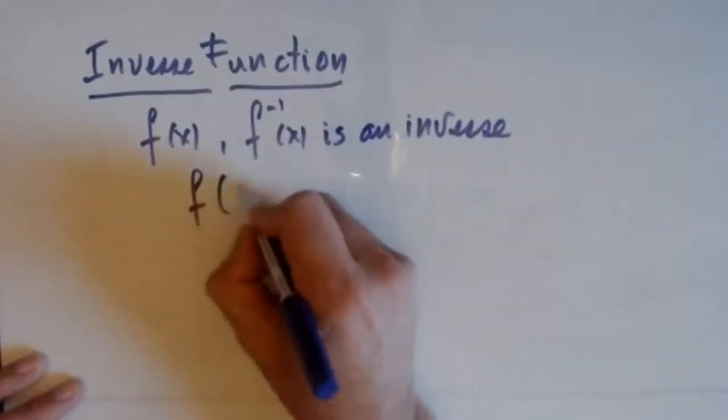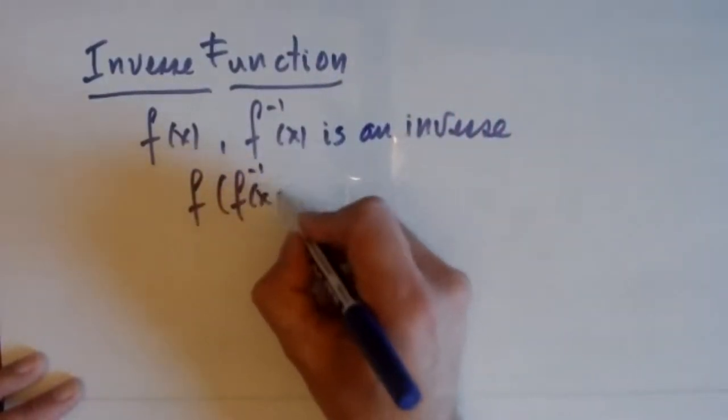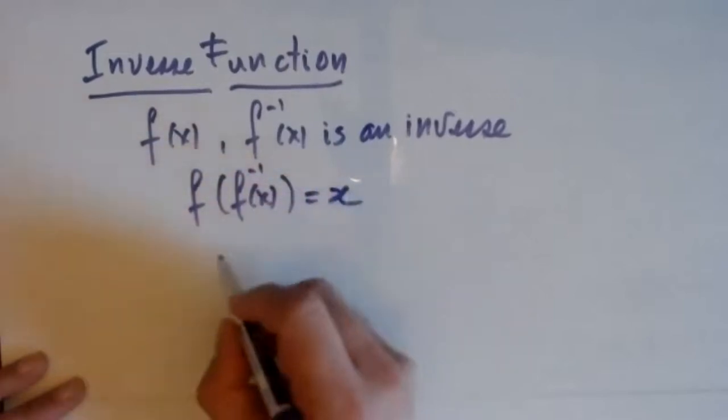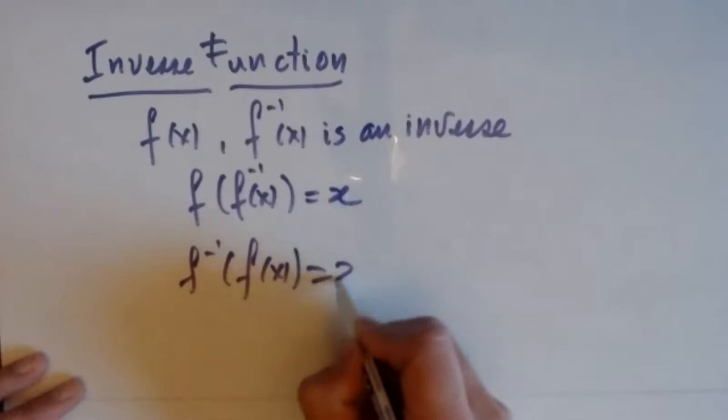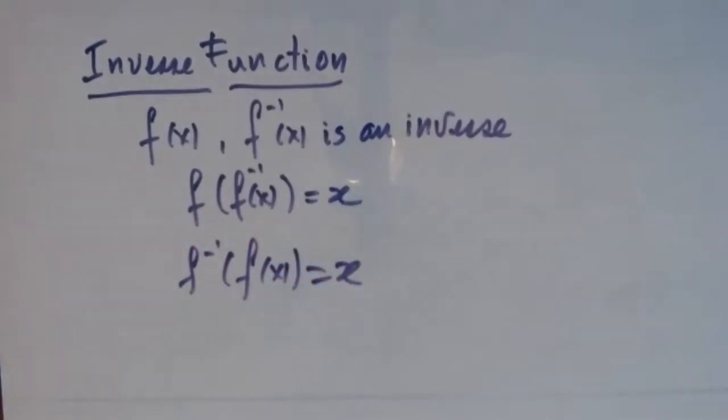If you perform the composition, you get x. So f negative 1 of f of x equals x. This is the point. The inverse is a function that, if you make the composition with the original, you get a single x. That is very simple to verify.